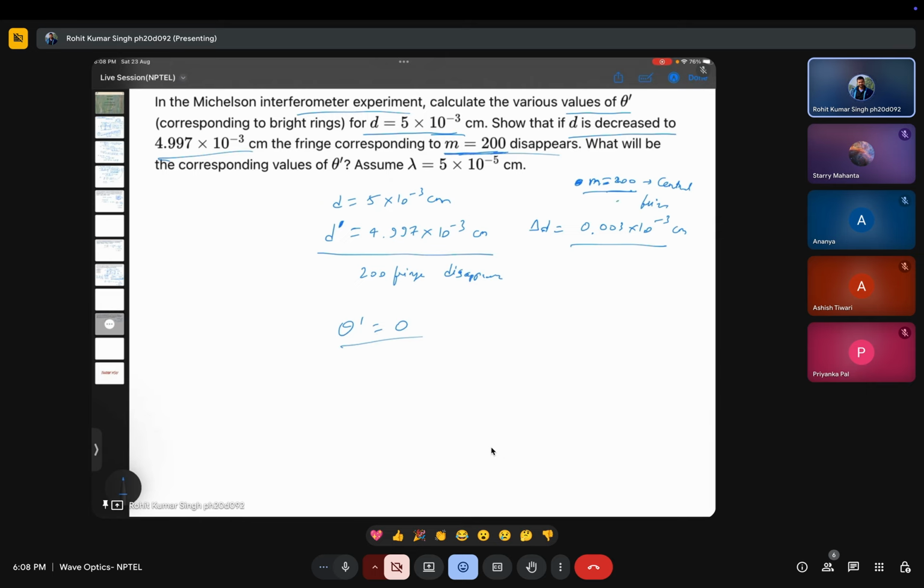So no, this cannot be correct. Okay, we can calculate it. Lambda is given as 5 into 10 to the power minus 5 centimeter. So we have this formula of minima.